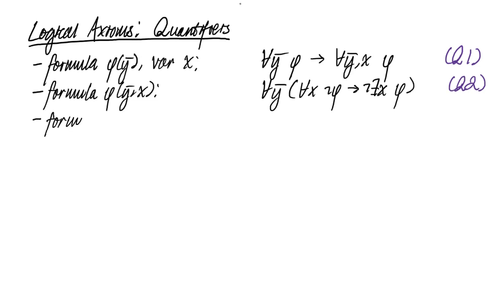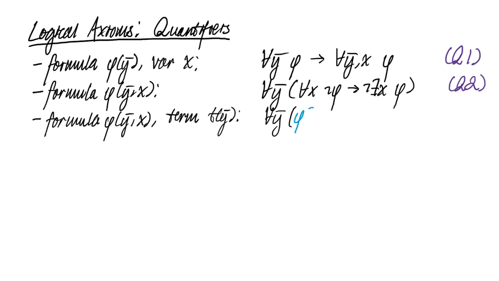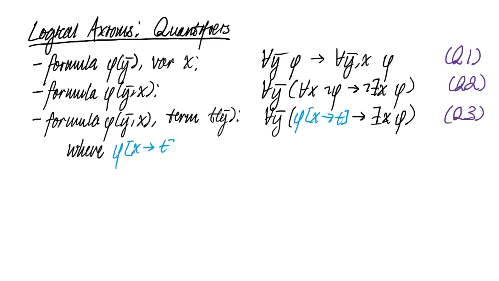For every tau formula phi with free variables y and x, and a tau term t with variables y, the sentence for all y, phi with x replaced by t implies there exists an x, phi. We denote this as Q3. Where phi[x arrow t] is phi with x replaced by t.